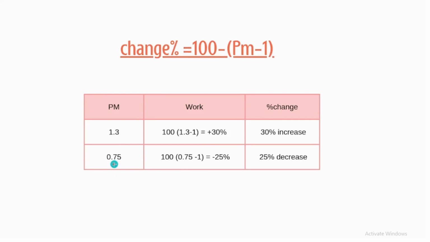If the PM is 0.75, it is 100 times the multiplier minus 1. In this case there is no plus or minus, it is a rule. We multiply the 100, open a parenthesis and put the multiplier minus 1, and get the increase. If it is negative, this is a decrease.